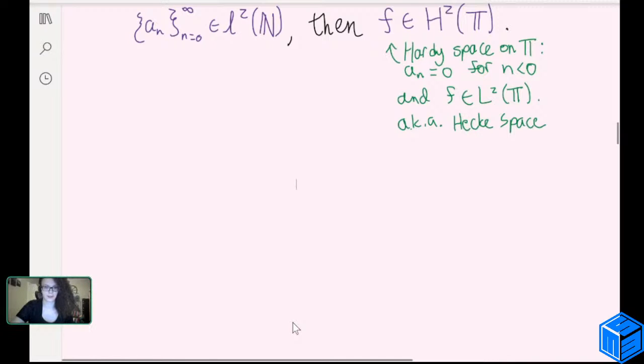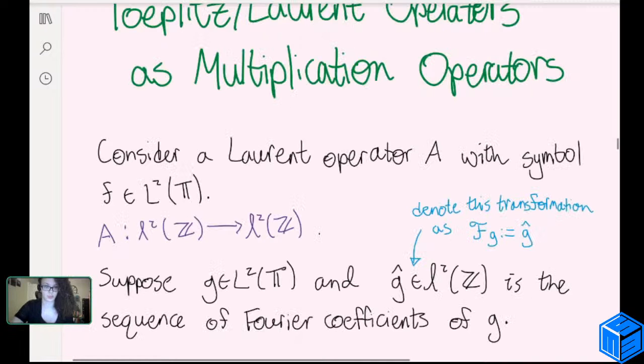Now we can talk about a certain property of Toeplitz and Laurent operators using this Fourier stuff. We're going to consider a Laurent operator A with a symbol which is square integrable over the circle. And we want to know, how does this Laurent operator affect a sequence that is square summable?